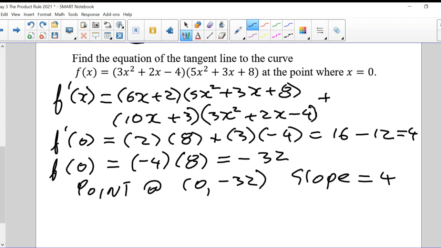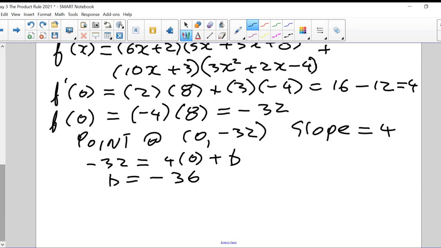That means the y value minus 32 is equal to an m of 4 times 0 plus b. Well, that's not so hard. That means that b is equal to minus 36, I believe. Yes, minus 36. So take the 4 from the two sides. So here's my equation of this tangent line: y is equal to 4x minus 36.